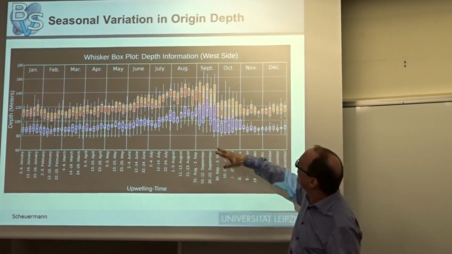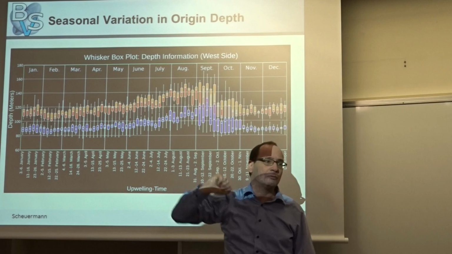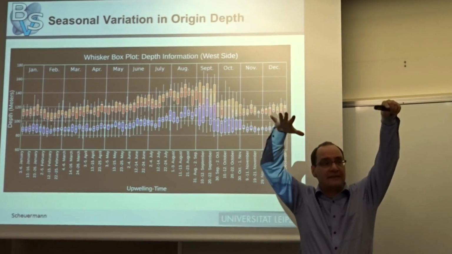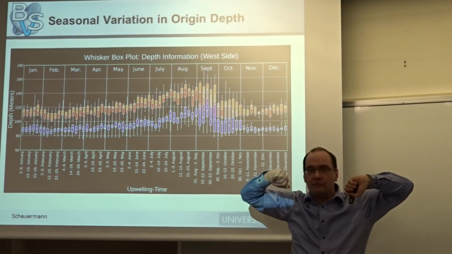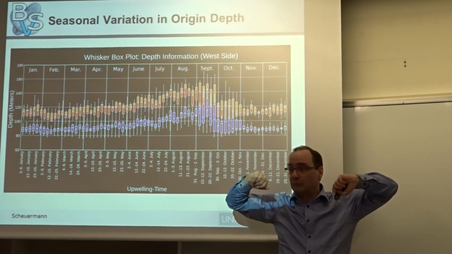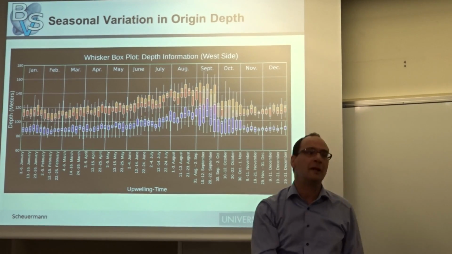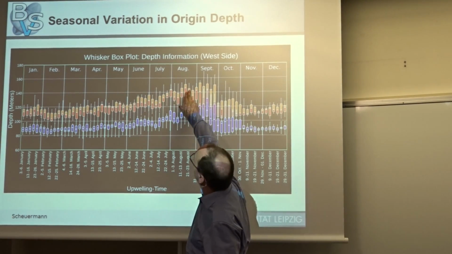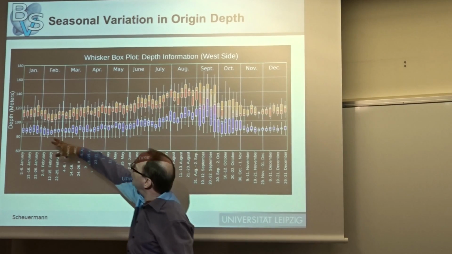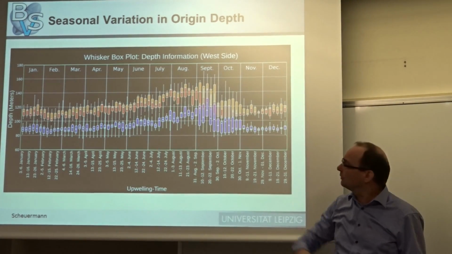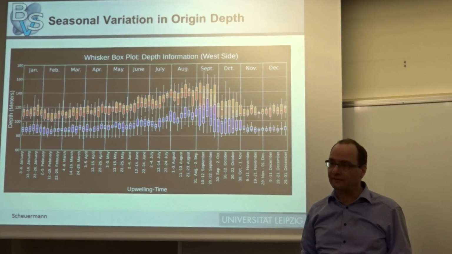There's a variation now they didn't know before, because so far they were looking at the upwelling by the surface temperature, which is very simple and easy to do, but it doesn't tell you if that water comes from about 140 meters or from 110 meters. And we're going to analyze this.